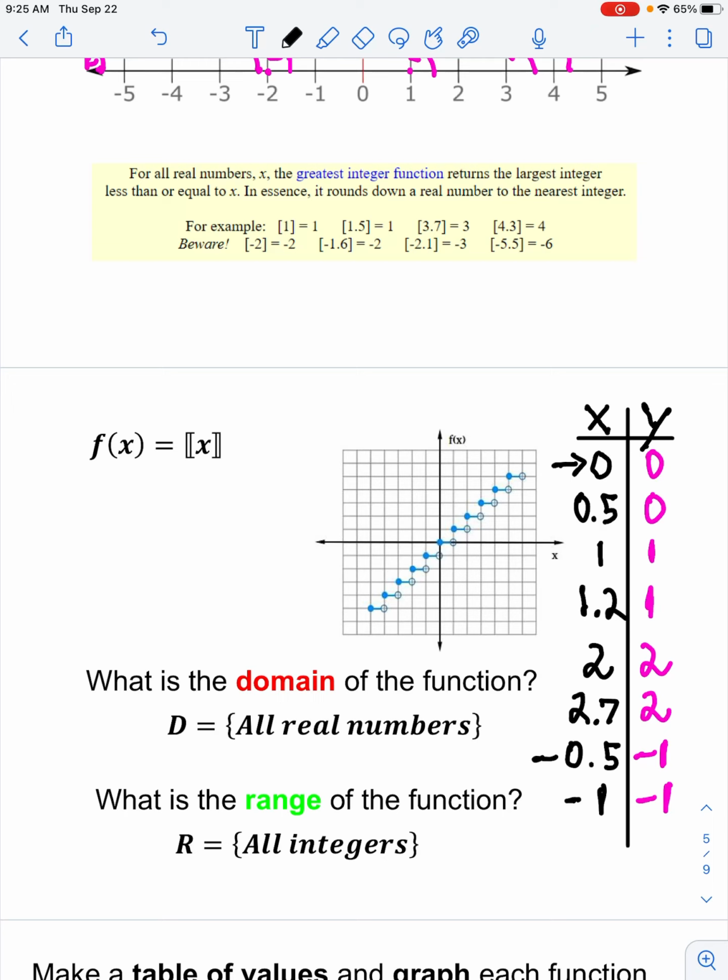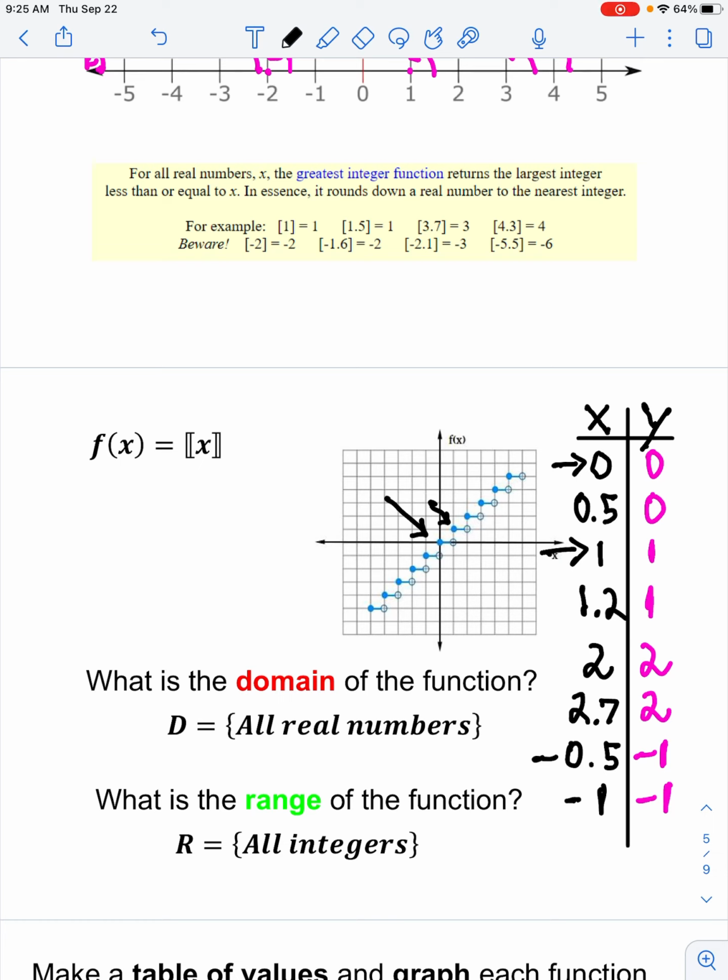So 0 is my starting place, and you can see here I have a solid dot at 0 because the greatest integer function returns 0 when you enter it, but values to the right of 0 are going to evaluate as 0 as well until you get to the next integer of 1. And when you hit 1, you jump to the next step, which is right here.